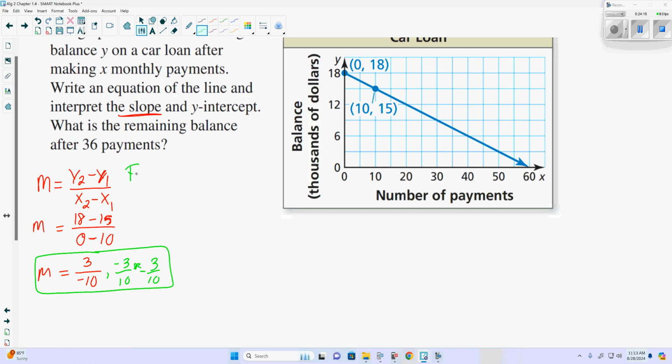So for every, what, 10 payments, what happens? The balance does what? Decreases by 3,000.